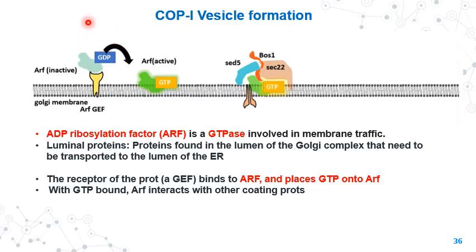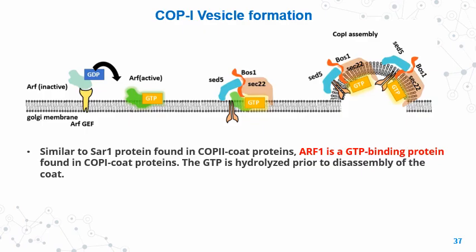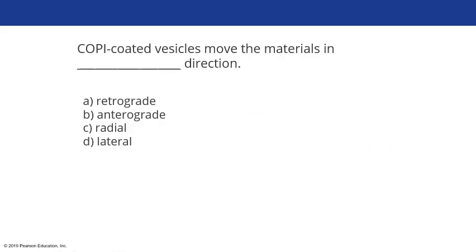ARF is a GTPase that is floating around when it's bound to GDP. When it gets GTP, it is going to interact with the membrane. So ARF gets activated by the ARF-GEF, gets into the membrane, and it does the same business as the SAR. It's going to get the other adapter proteins together over here, and it's going to start making the bubble. And then you're going to get the bubble out of there, you get your vesicle formation.